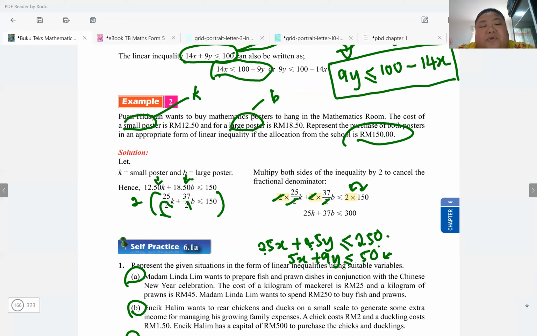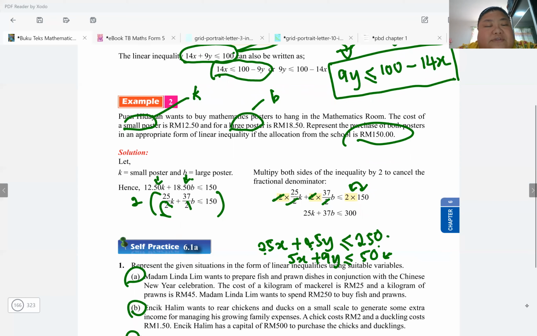Usually we represent it in whole numbers, so you can change this decimal number into a whole number, or first you can change it into a fraction. So you will get 25 over 2 K plus 37 over 2 B less than or equal to 150.